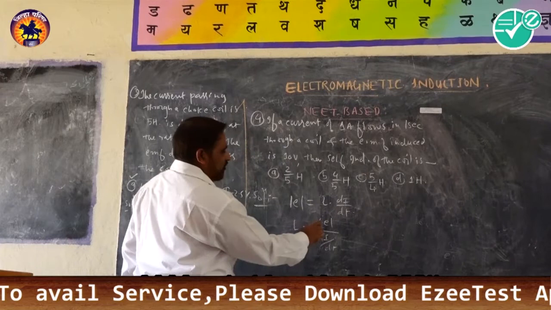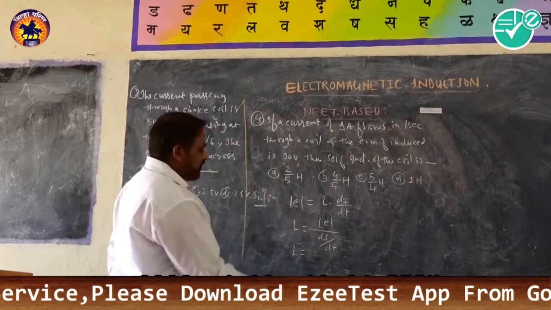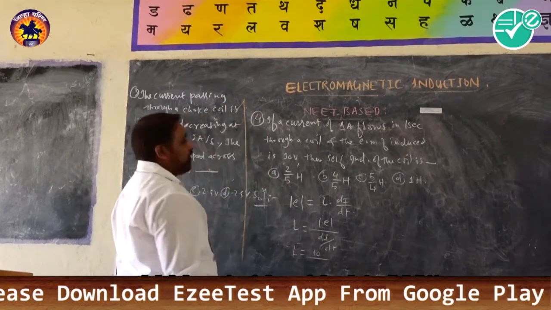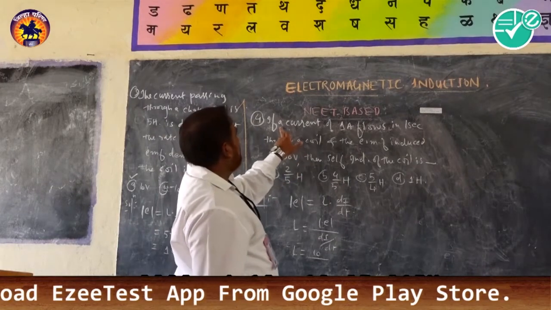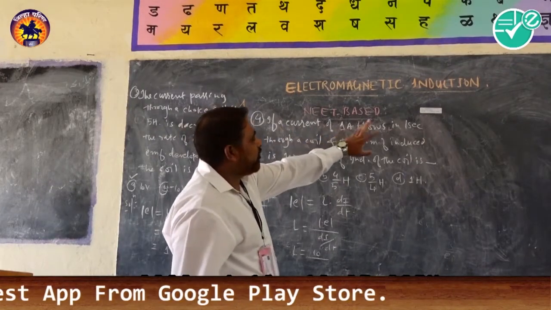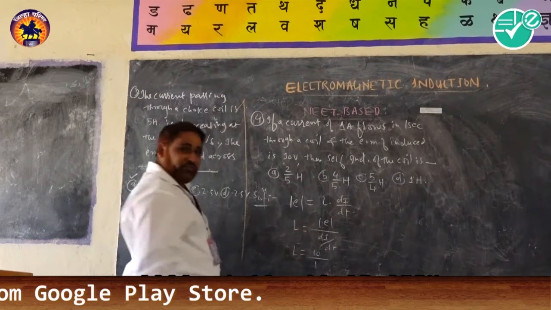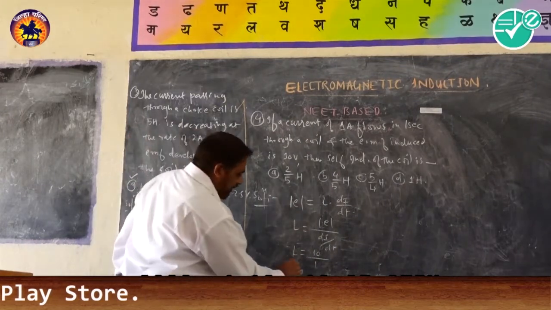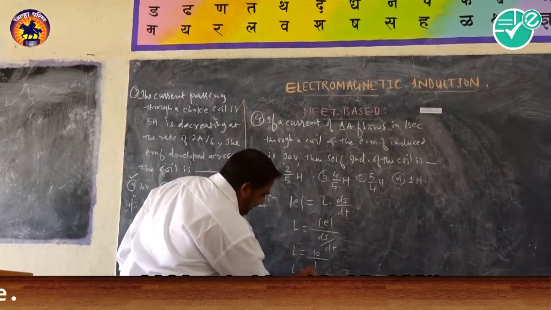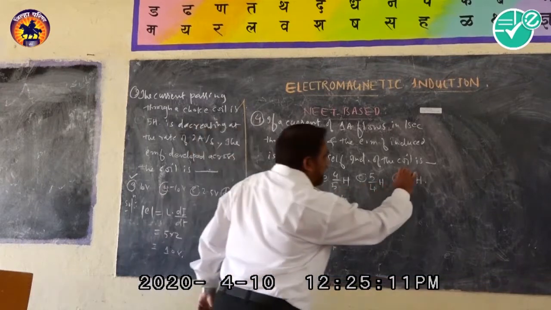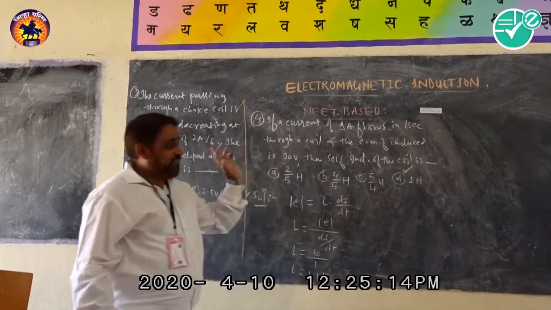The value of EMF is 10 volt, and a current of 1 ampere flows in 1 second, so this value is 1, so inductance is 1 Henry. So the B option is correct in this case.